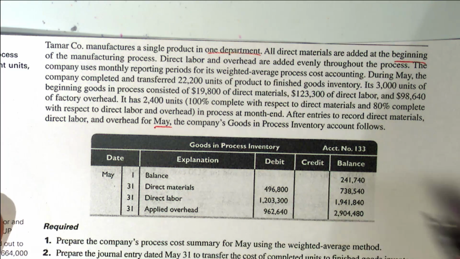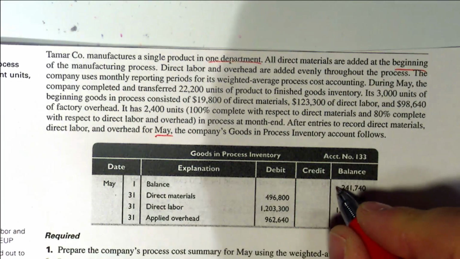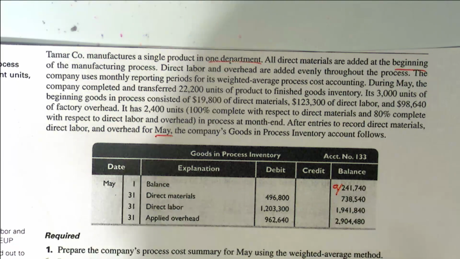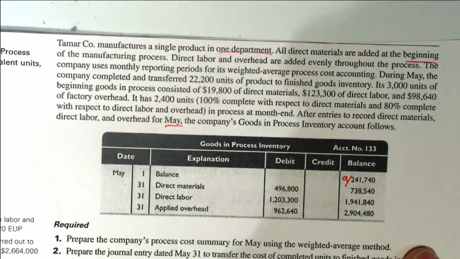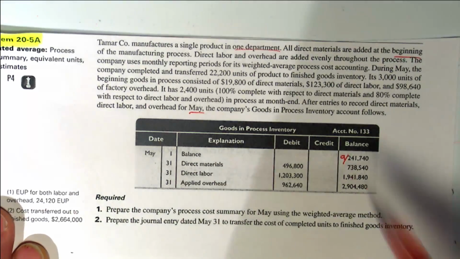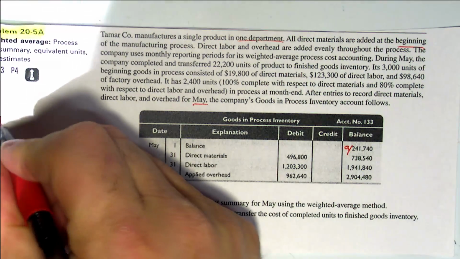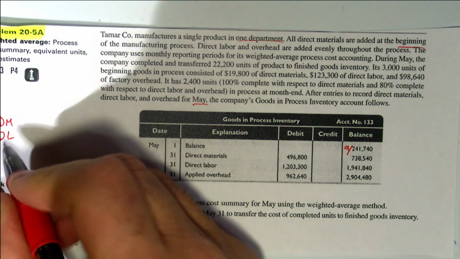First of all, let's do what we did last time. This is our beginning balance right there, 241,740, is that correct? And we know what that is comprised of. It says there in the verbiage the different product costs: direct materials, direct labor, and factory overhead.